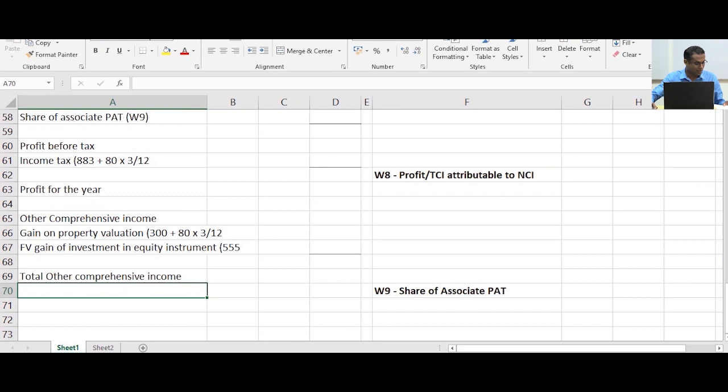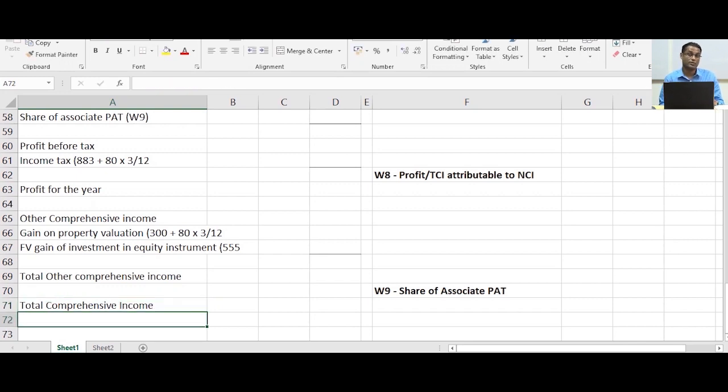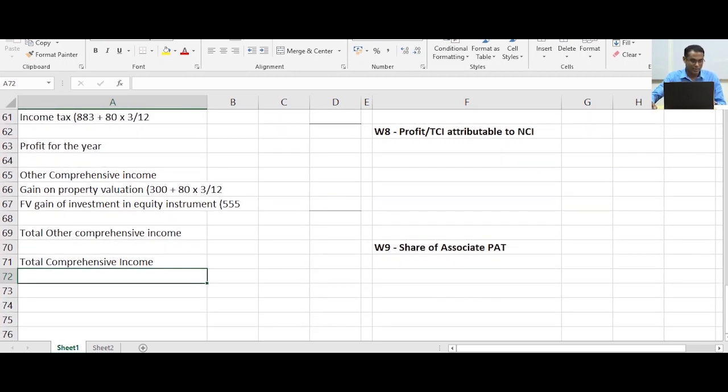Then finally, you will be having the total comprehensive income, that is the aggregate value of the profit for the year and the total other comprehensive income, right?